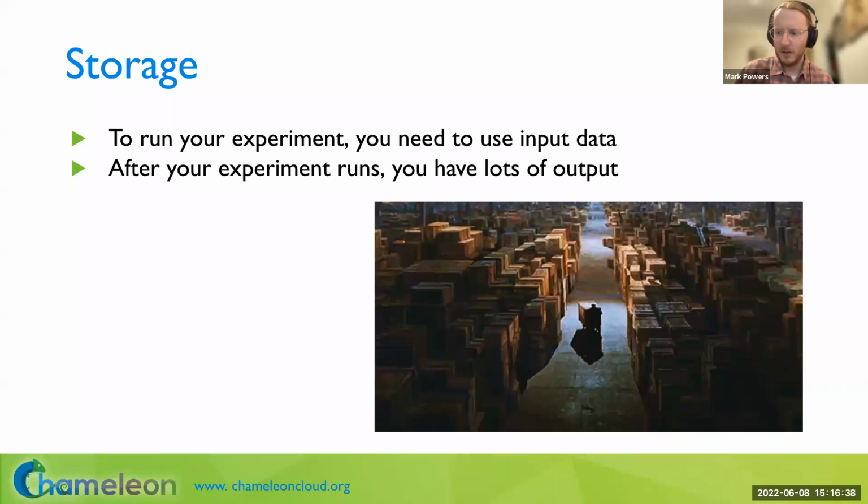For example, if you're running a machine learning program, maybe you have photos as input, and those can take up a lot of storage. And once your experiment is done, you might have generated a lot of output. So one problem our users may encounter is that our nodes on Chameleon don't all have terabytes and terabytes of storage.